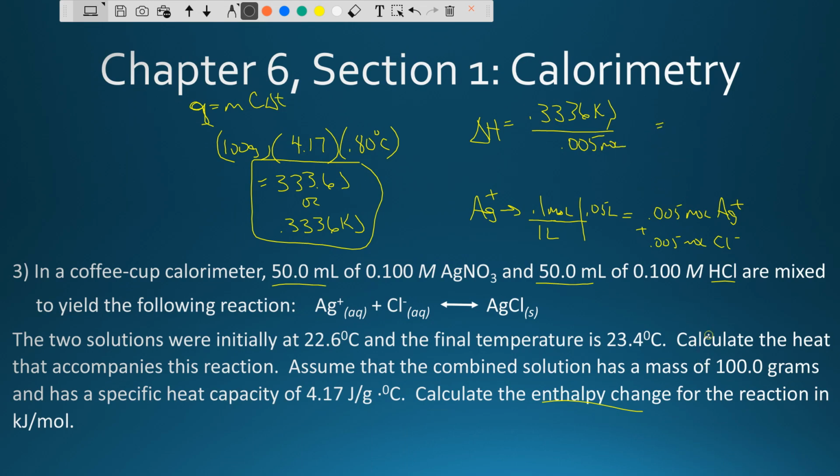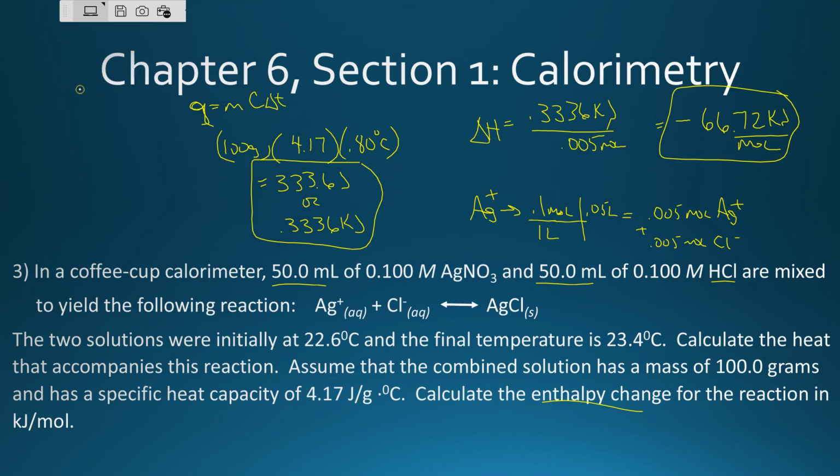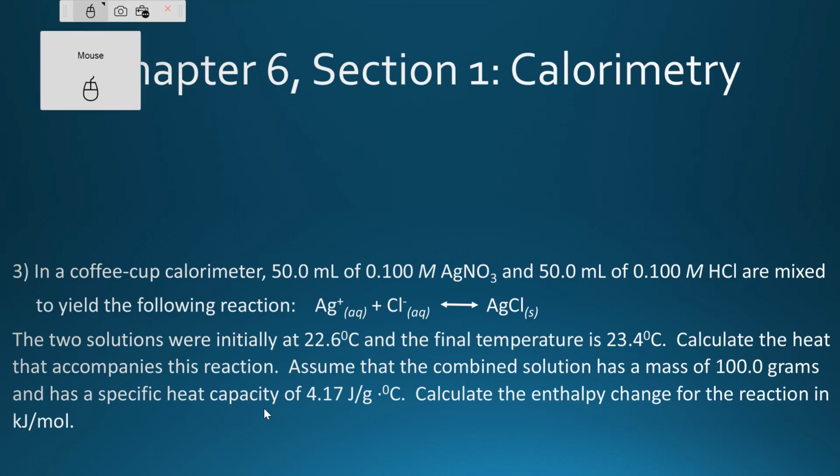Because the temperature is going up in here, that means that heat is given off. And so I'll give a negative value here of 66.72 kilojoules per mole. My delta H is just a function of my Q over the moles used. Pretty straightforward, okay? Just got to make sure you know how many of the different moles you've got in there.